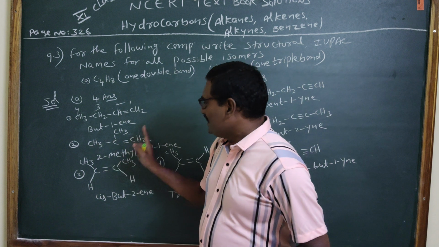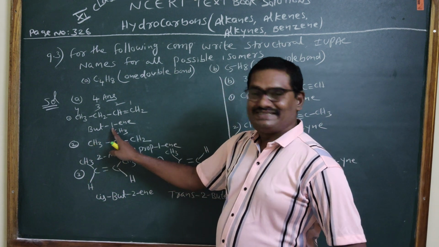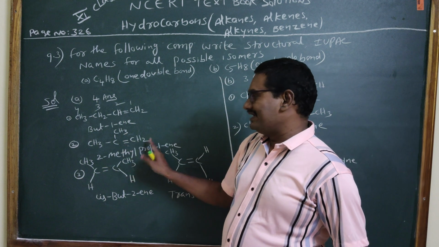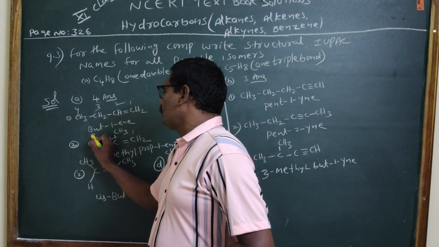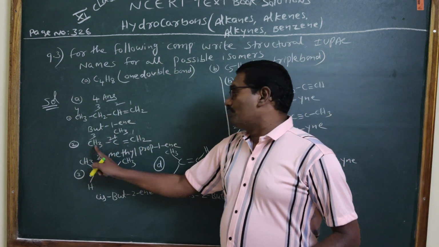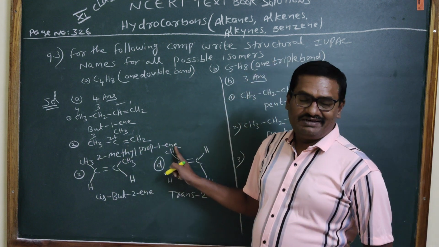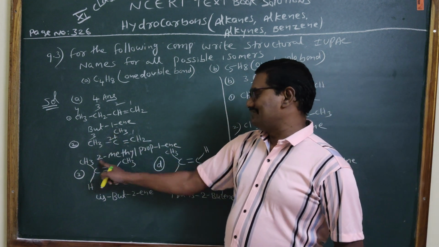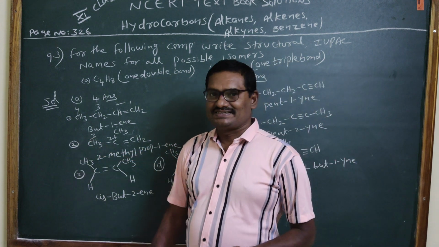Second structure, isobutene, for example CH3, C, CH3, with the double bond here. Then numbering is 1, 2, 3. So 2-methylprop, three carbons, first place contains ene. Ene means alkenes. So 2-methylprop-1-ene, the second structure.